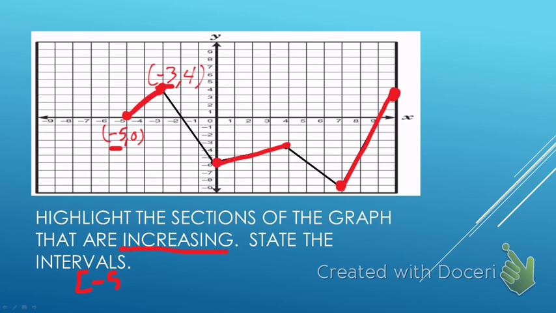So my first interval would be -5 to -3. Second interval, I can see it starts at 0, -6, and it ends at 4, -4. So again, x coordinates only. So I would say that this goes from 0 to 4.